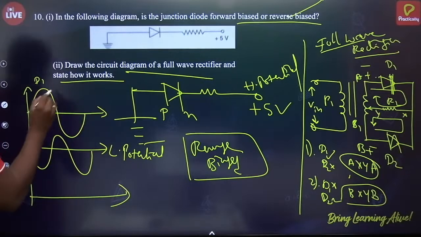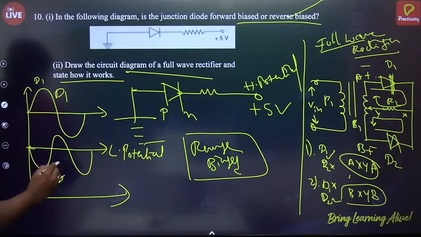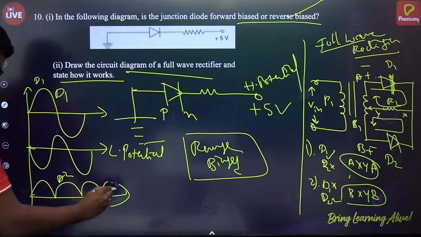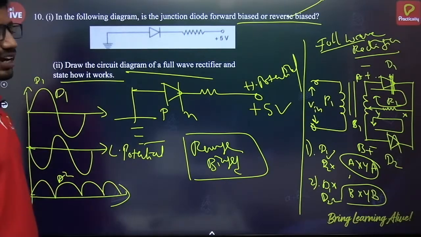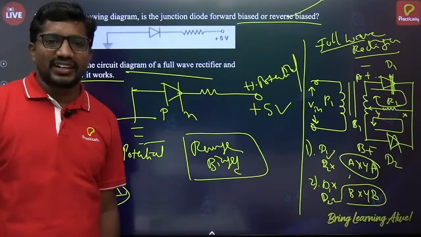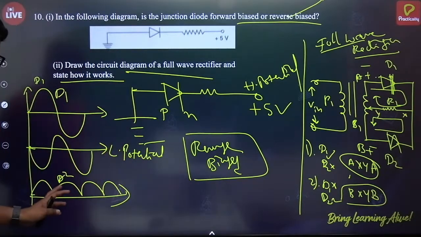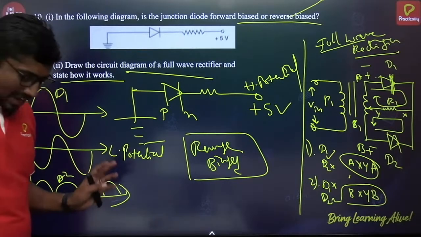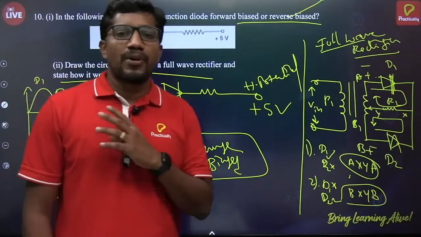And finally we will get a waveform like this. Rectifiers convert AC to DC, alternating current to direct current. You can see some presence of waveforms here. Actually it won't give pure DC.